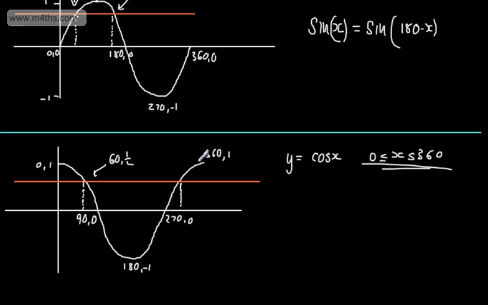And we could say that 360 minus the 60, which is 300, would also give us 1/2. So if we just write here that cos x is equal to cos of 360 minus x.